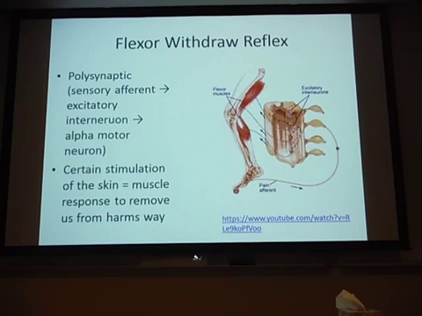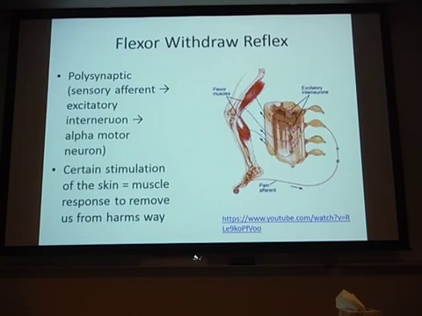You want to withdraw your arm from that stimulus. It's a flexor response. It can be stimulated even by light touch, which we don't typically think of as painful, but if it's an overstimulating, uncomfortable light touch, like a butterfly or something fluttering against your arm, you're alarmed and you pull it away. So this reflex is dependent on how painful the stimulus is.